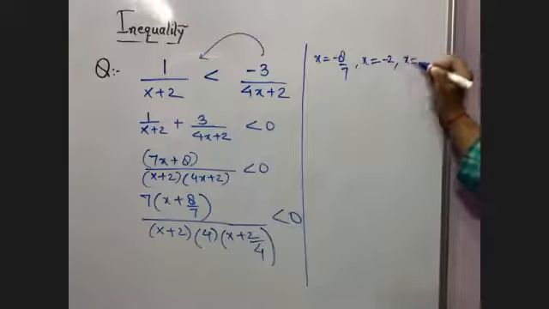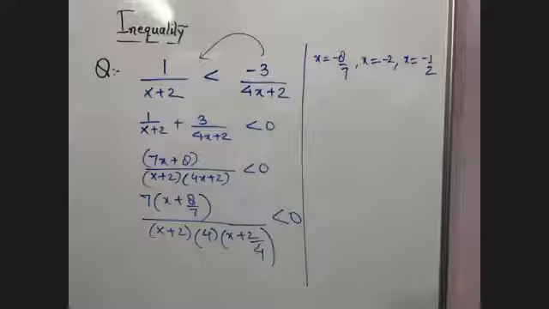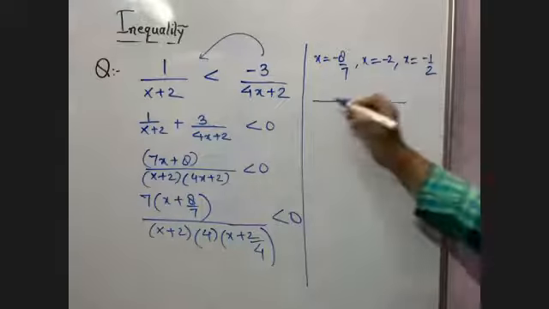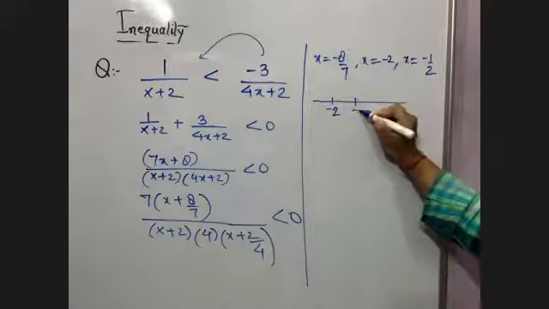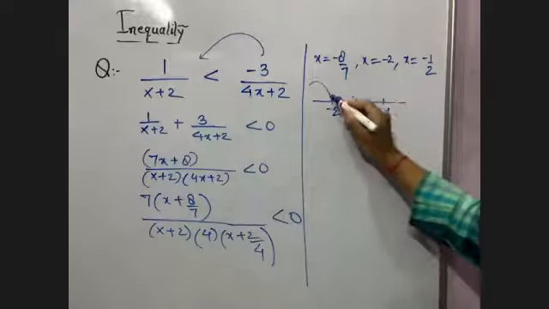x is equal to minus 2 by 4, that is minus 1 by 2. I'm getting these things. Now, beta, plot them on the number line. The smallest of them is minus 2, then minus 8 by 7, then minus 1 by 2, and draw a diagram like this.